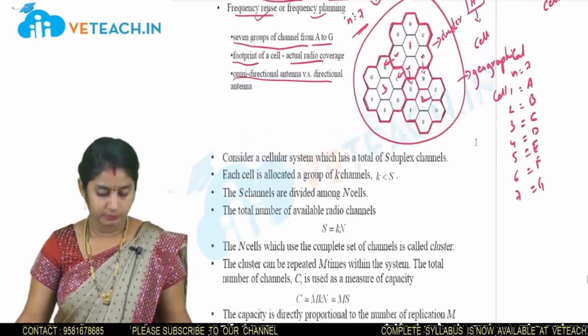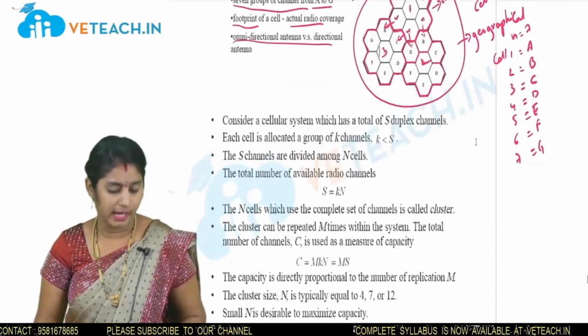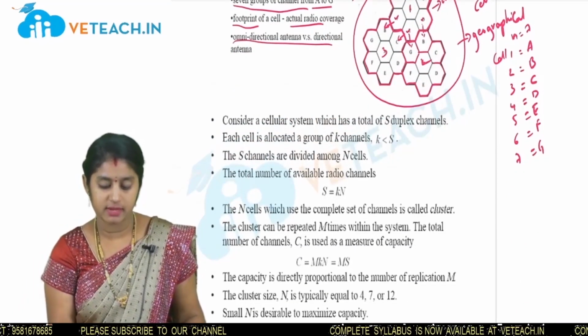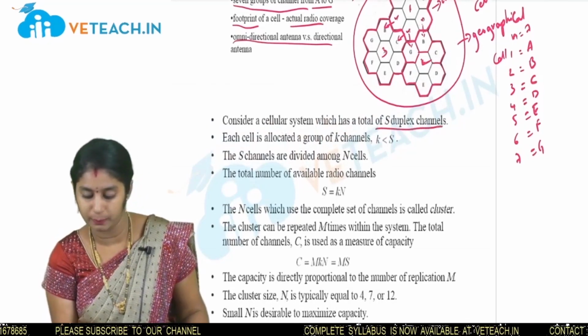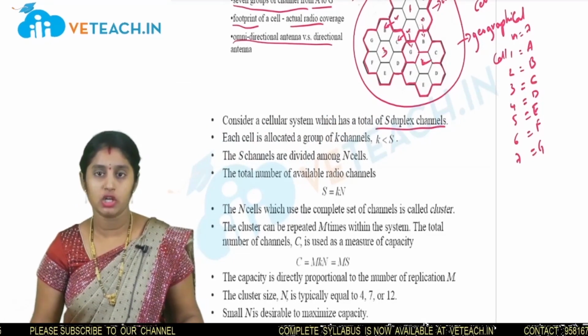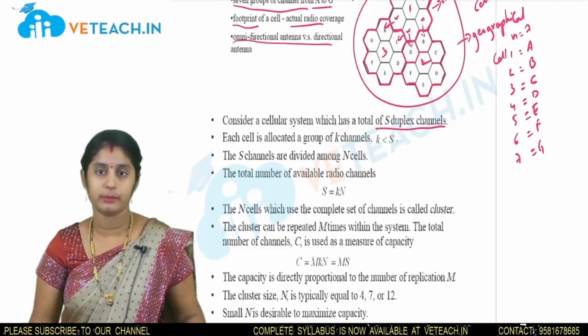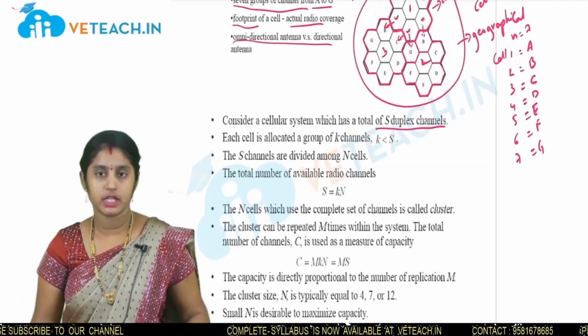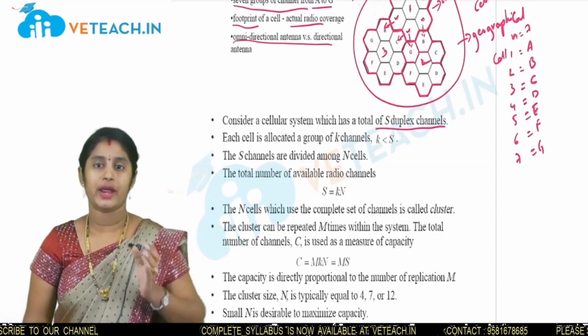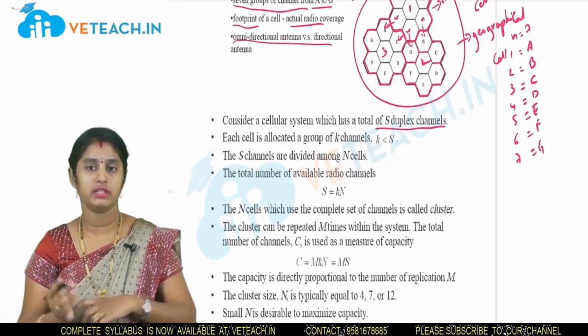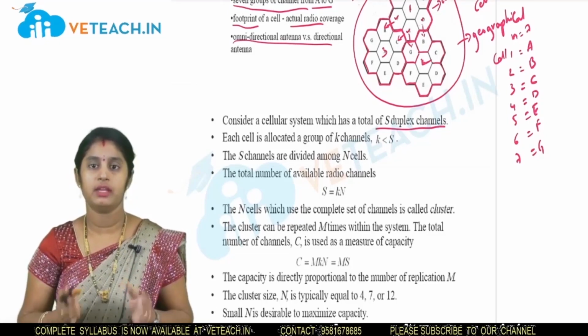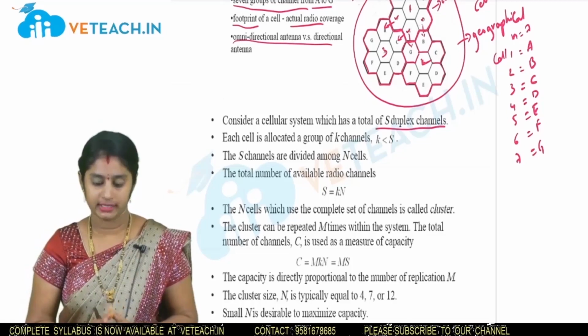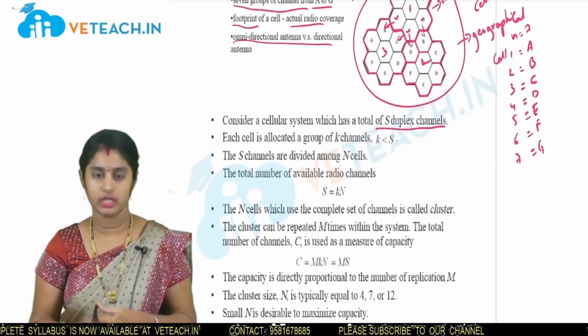Alright guys, now we are entering into the calculation part. Consider a cellular system which has a total of S duplex channels. As we all know, what is duplex communication? Duplex communication is nothing but the transmission session and receiving session happening at the same time in the same single unit. That is what duplex channels are.